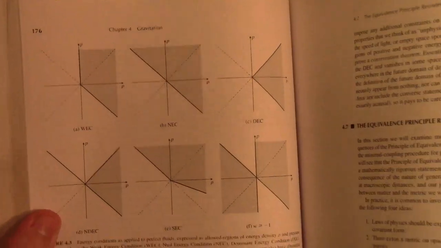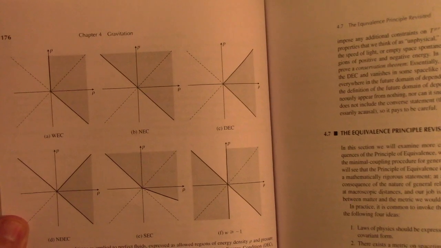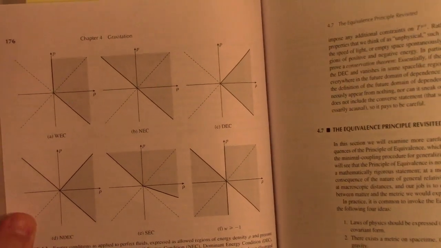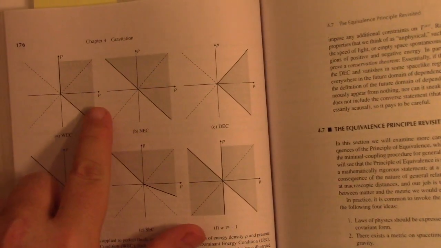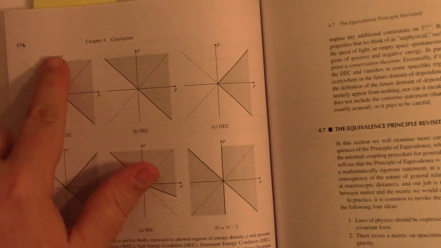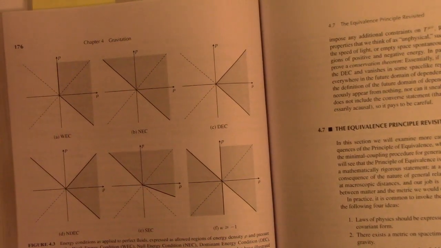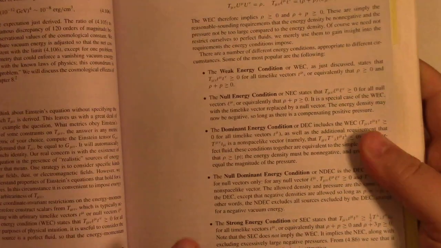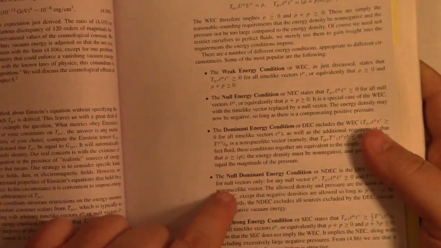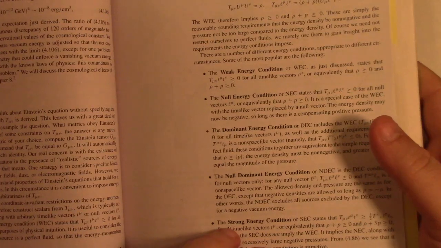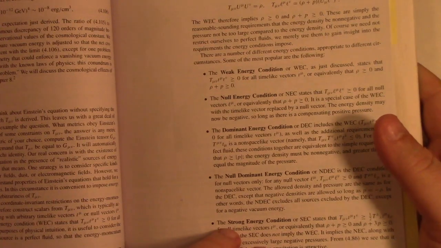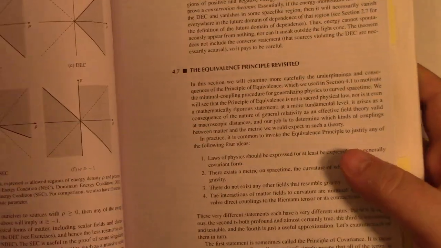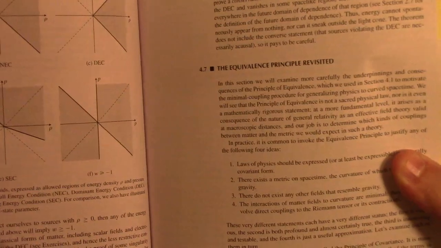And here are these pictures of the different energy conditions, and here's a momentum versus energy density graph: the weak energy condition, the null energy condition, the dominant energy condition, all these different things. So to understand how to solve Einstein's equation, you have to understand those things.